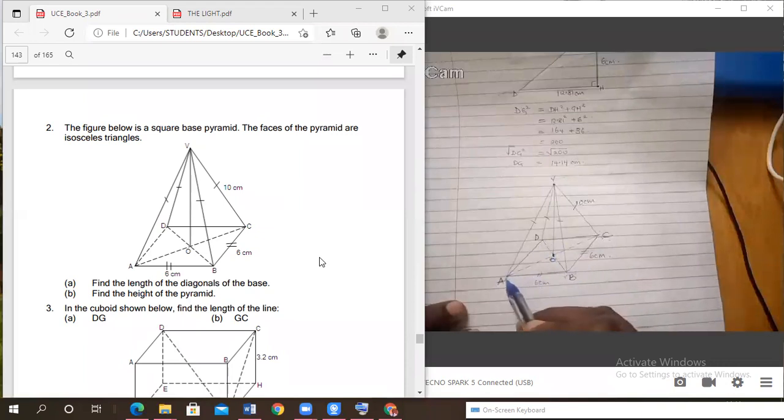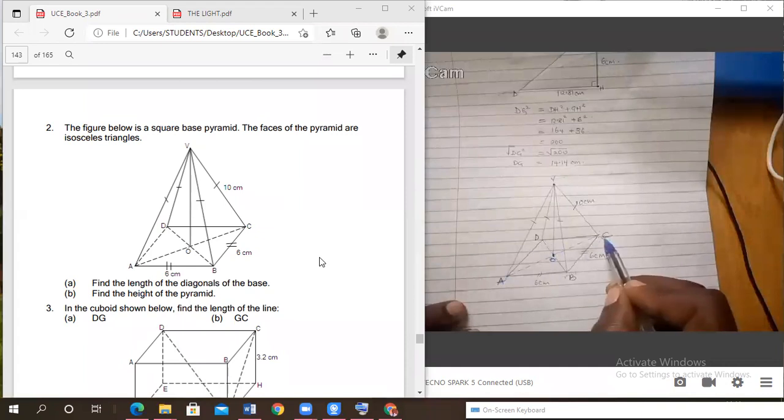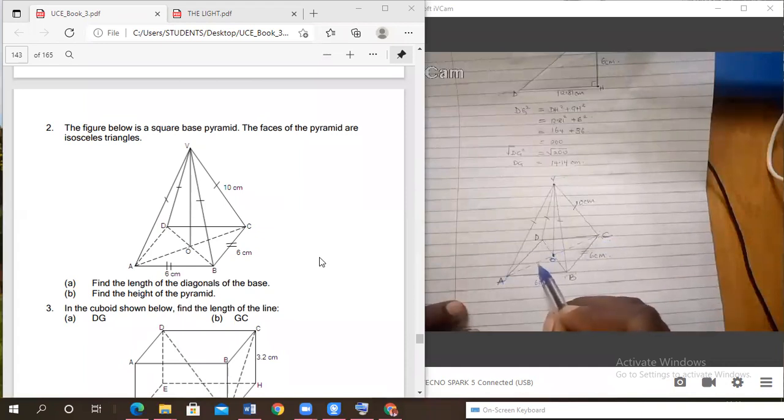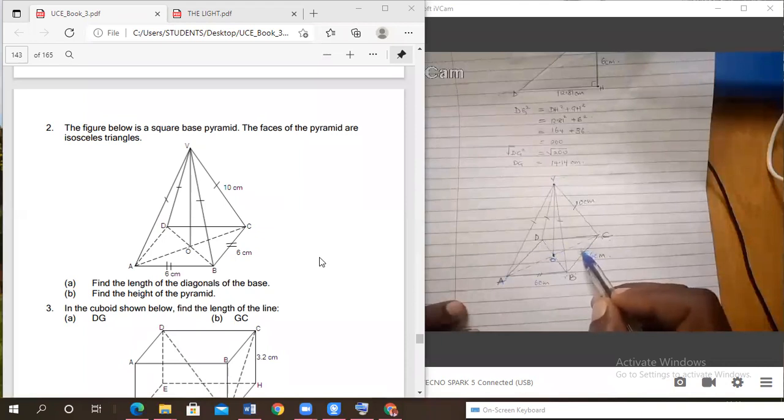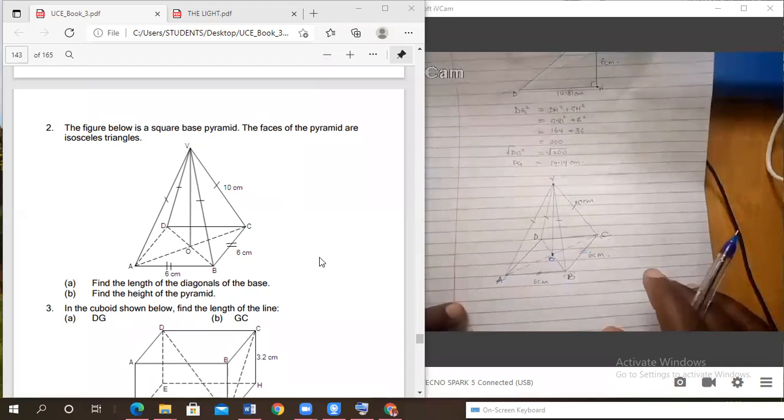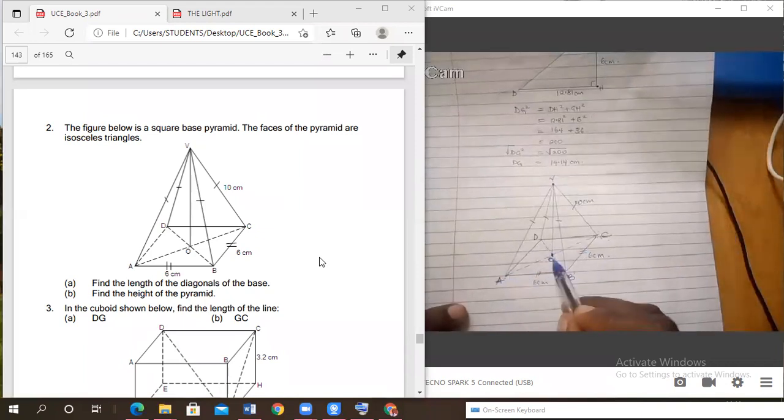So if AC was 10, then this will be 10 over 2 and 10 over 2. Are we together, members? Yes. Okay, so at this point, AO is half of AC, and also OC is half of AC. So this is half, this is half, this is half, this is half.